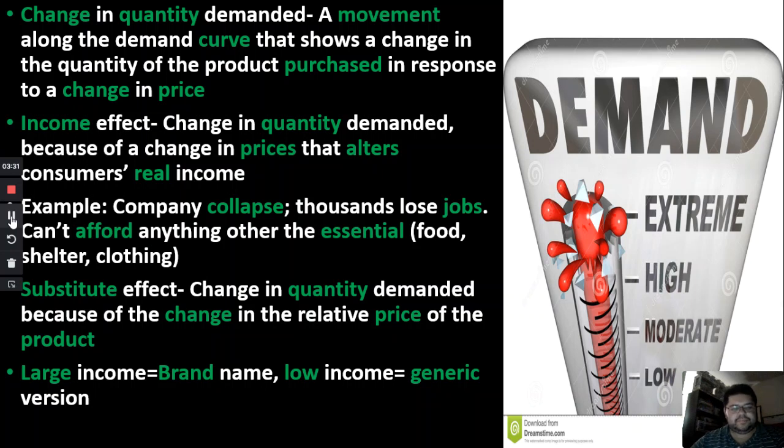Okay. Then comes the substitute effect, or a change in quantity demanded because of a change in the relative price of the product. So again, you're limited in money. Now you may not be getting those Frosted Flakes with Tony the Tiger, or the Cocoa Puffs.